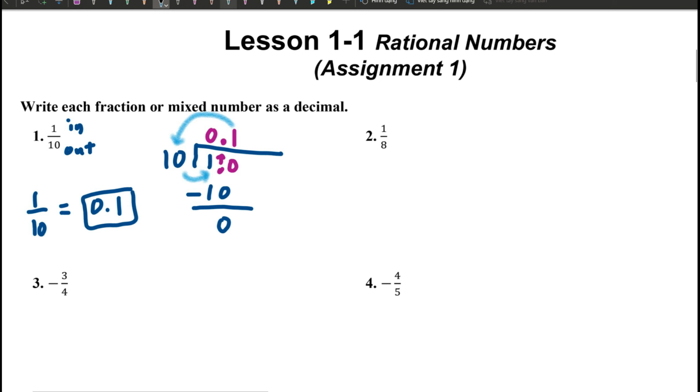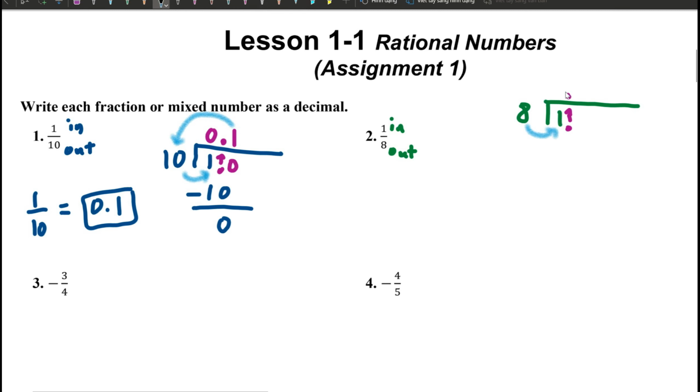Problem number 2, same concept, in and out method. Inside is 1, outside is 8. So first put the decimal point, then bring it up. 8 goes into 1, 0 times.